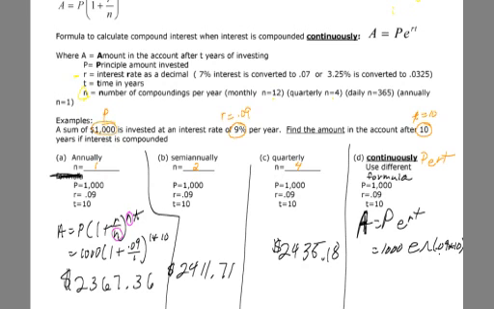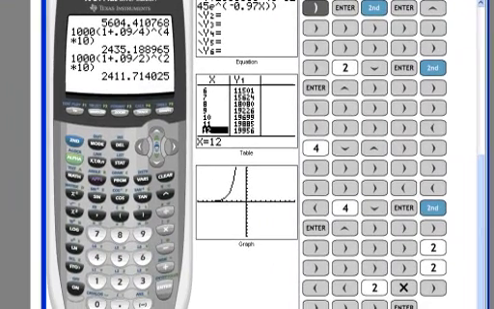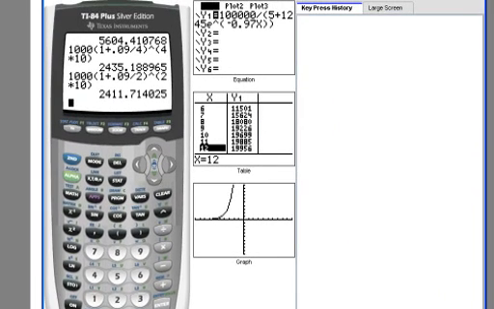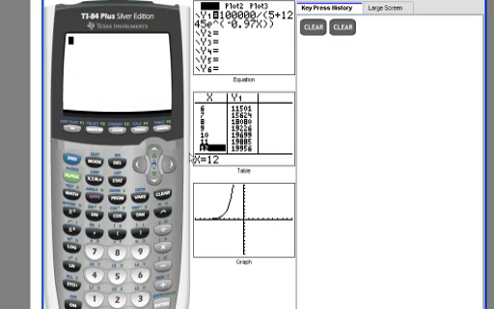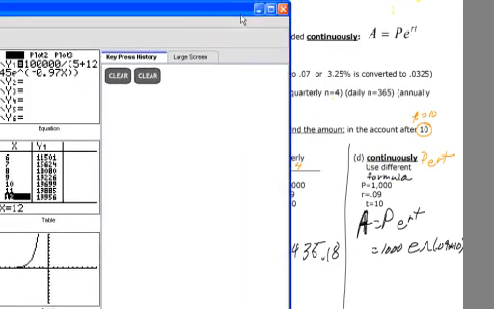So we'll go on our calculator. Figure out what we had. 1,000 e to the 0.09 times 10.